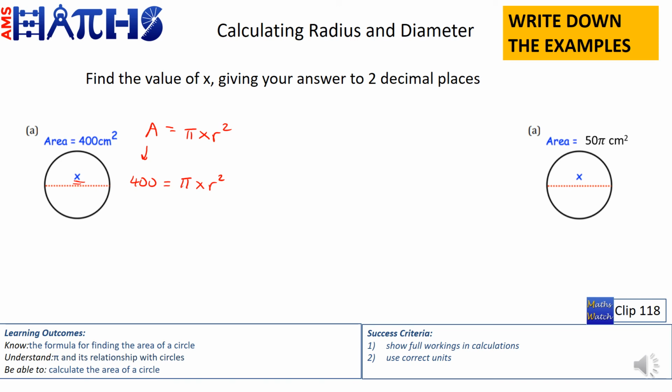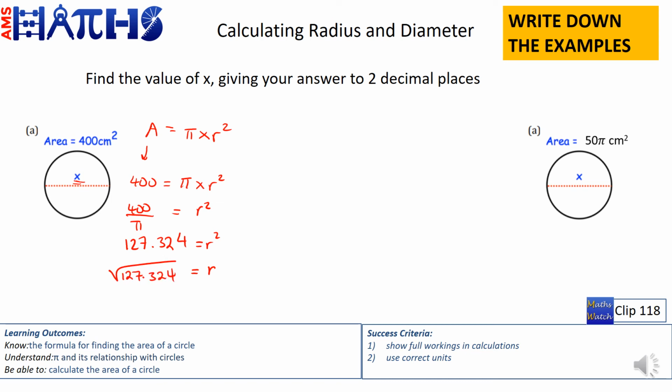So to get r squared, we're going to do 400 divided by pi. So 400 divided by pi is going to give us 127.324. And then to get the radius, we'll do the square root of that.